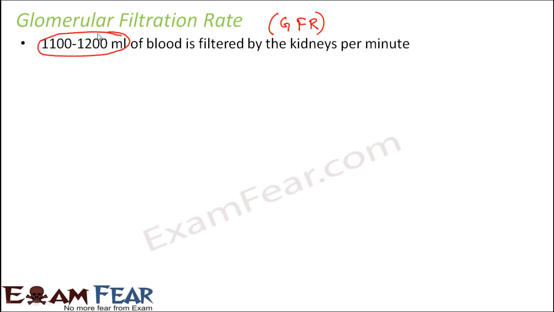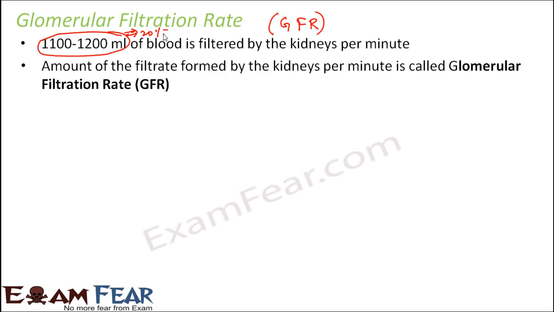Now, if you compare this amount of blood, you'll get to know that it is almost 20% of the total blood which is pumped out by each ventricle of the heart. You remember ventricles and auricles? Ventricles are the pumping chambers. They pump blood to different parts of the body. So this blood is almost 20% of the total blood which is pumped out by the ventricle. That means, just as an example, if the ventricle is pumping out 100 milliliter of blood to different parts of the body, out of that 20 milliliter is being filtered by the kidneys in 1 minute.